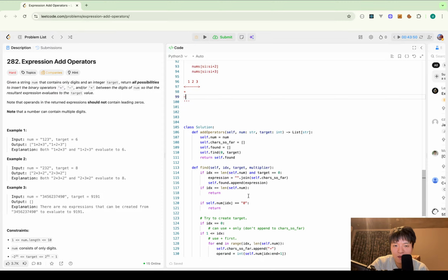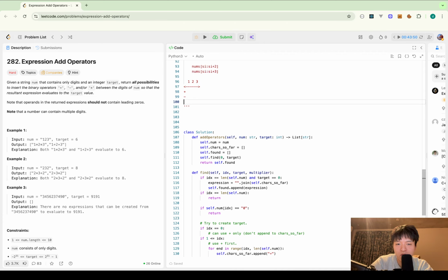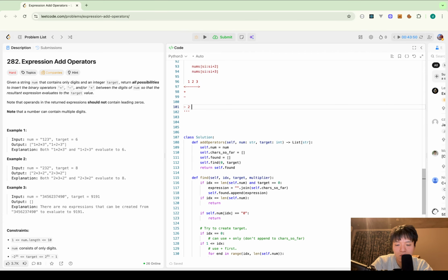And what I can say is the multiplier is some number. Or I should say, I can just call it the last num. No, wait a minute. If I think of this case, the last number should be -2, right? It should be passed.